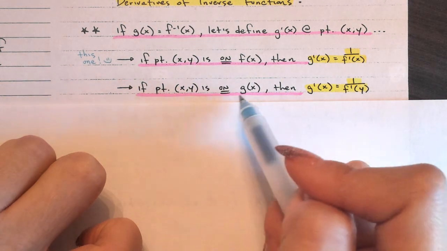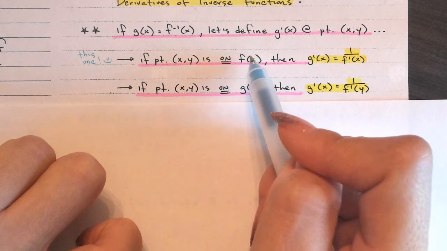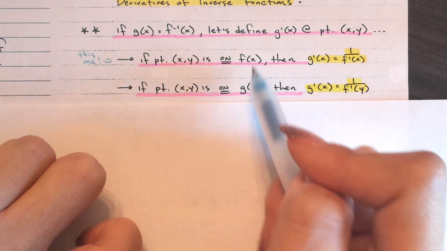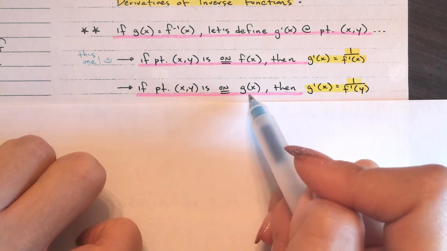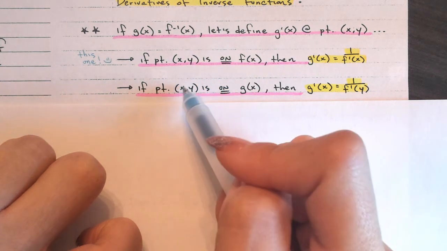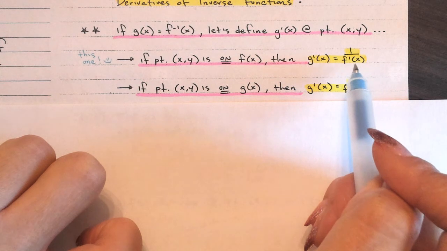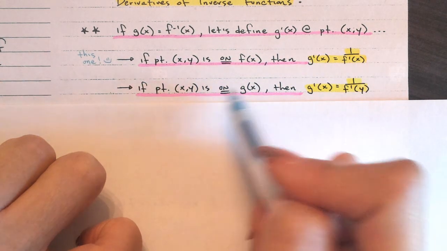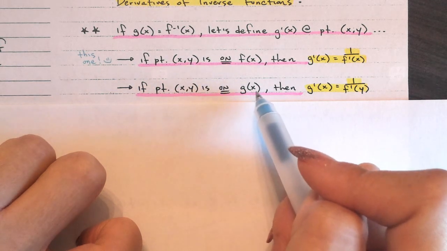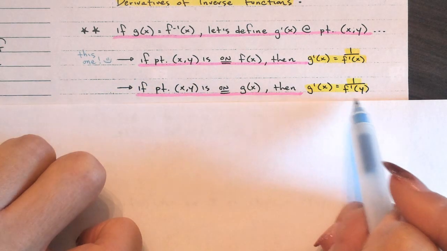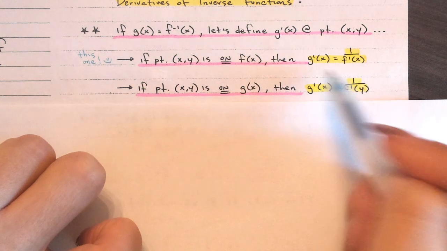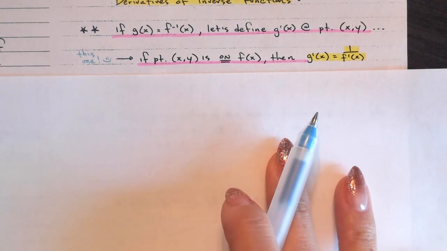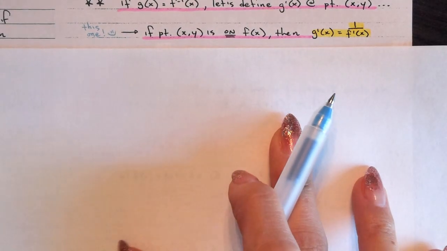If you have a point on g of x, what is this compared to this? It's the inverse. So what is the inverse? X and y switch. So that's why instead of using the x value in here, you're using the y value in here. Because if this point is on here, then really the x and y are switched. Okay? I like to use this only, and you'll see why in my examples.